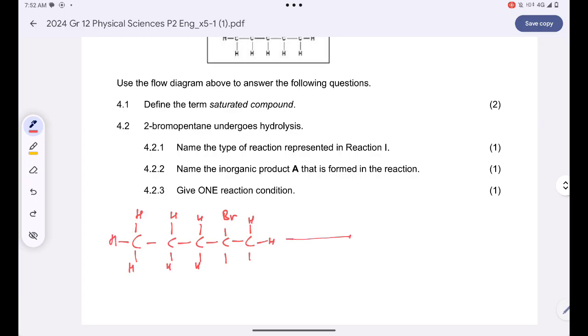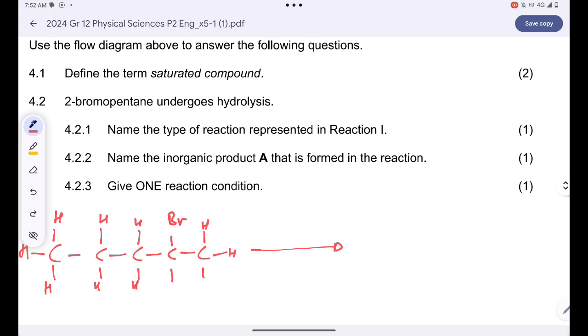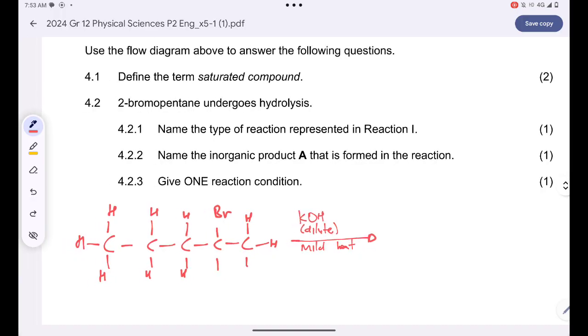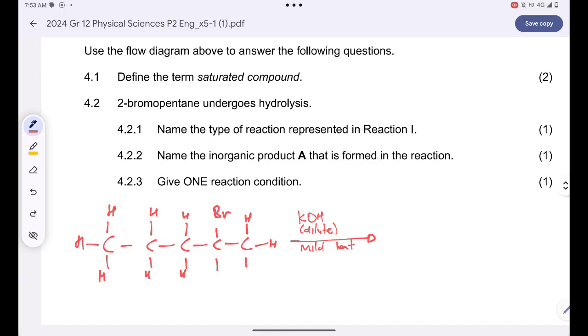Okay, for this to undergo hydrolysis, guys, I need to have my dilute strong base, potassium hydroxide. It must be dilute. Are you together? As well as mild heat. And then this will simply form a hydrolysis. I'll simply substitute the Br with the OH.